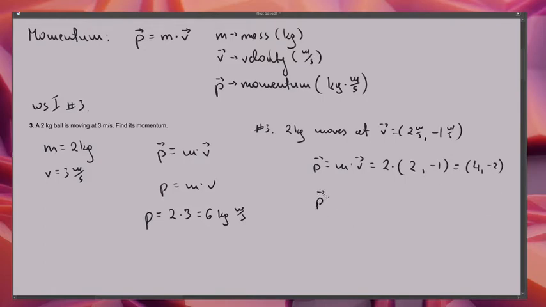So then I'll write it as 4 kilograms meters per second, in the vector direction. So this is momentum as a vector, and here on the left hand side you have momentum as just its magnitude. Okay, so calculating momentum by itself, that's kind of trivial, not too complicated.